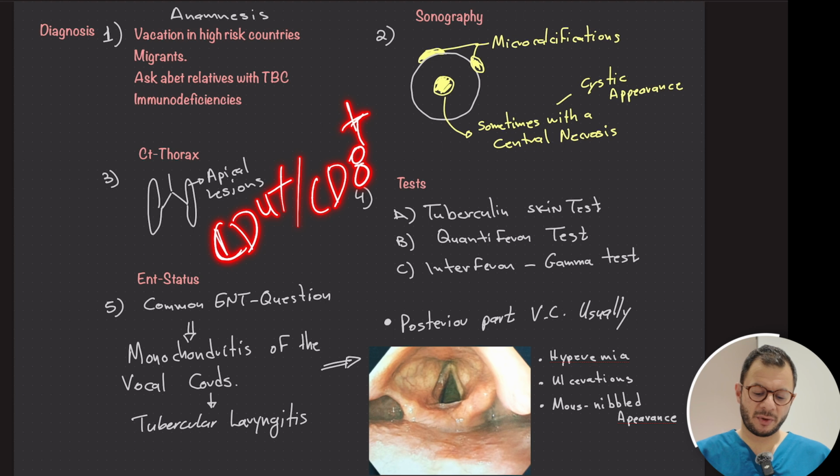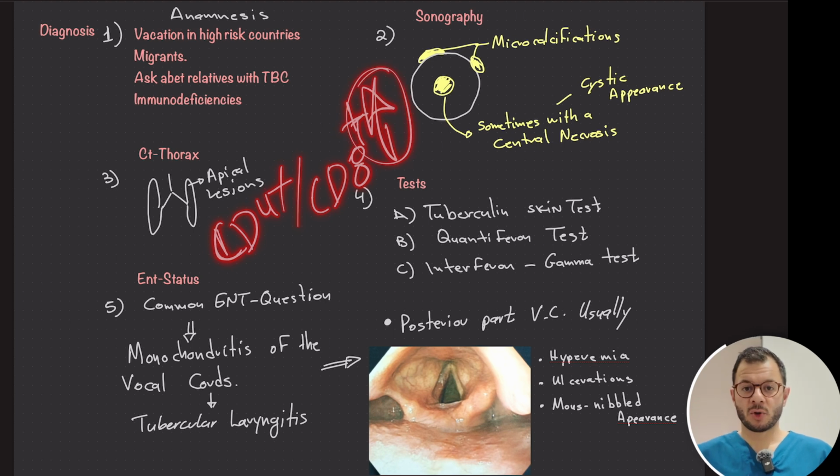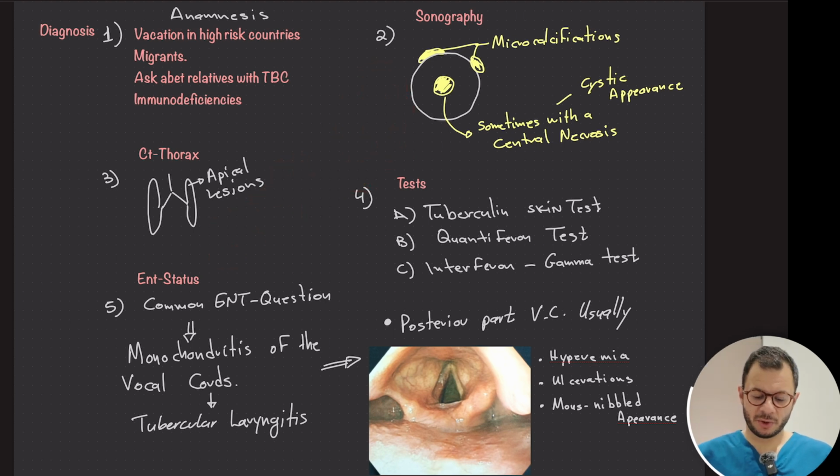If this ratio increases, then we most likely have a tuberculosis infection. There are also some blood tests or skin tests that we can do, like the tuberculin skin test or the quantiferon test or the interferon gamma test, in order to have a positive reaction against tuberculosis. And then, of course, an ENT status.